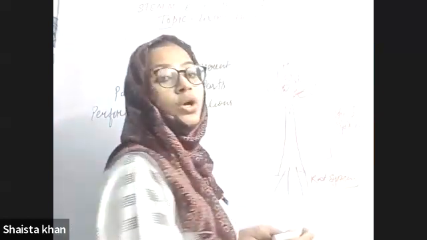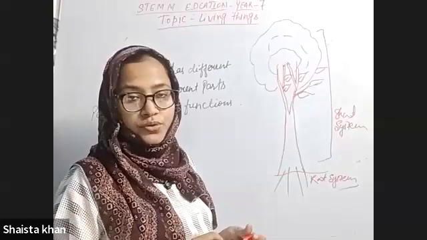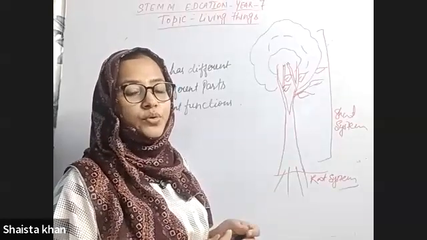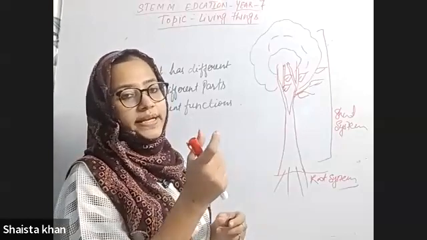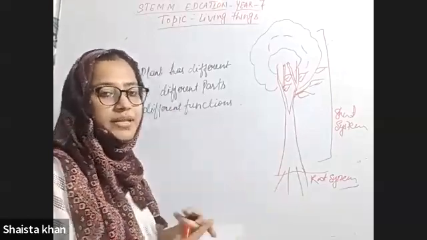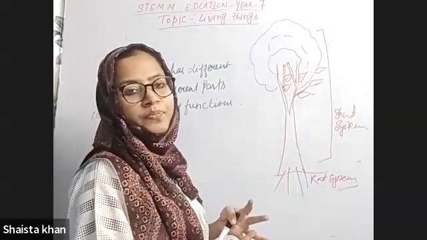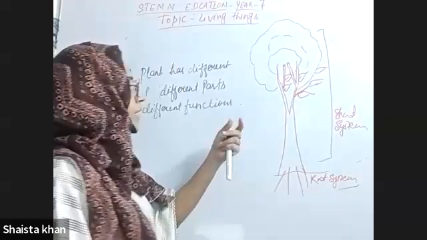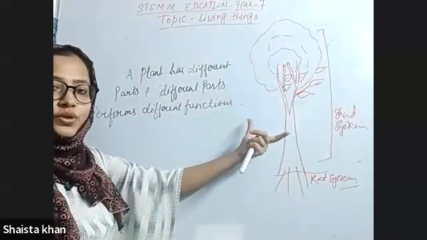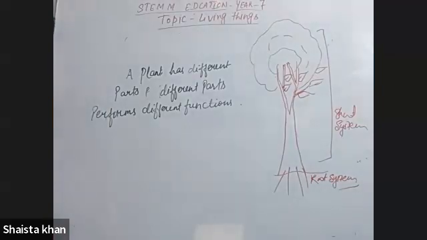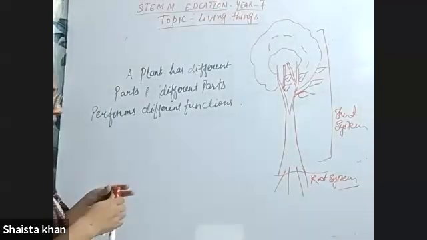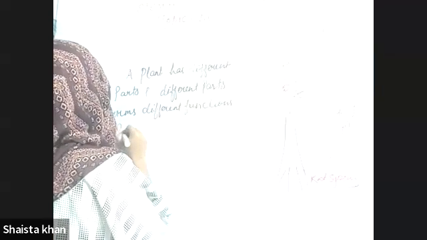I hope you all know about the types of roots: taproot, fibrous root, and lateral root connected to the taproot. So the upper part is known as the shoot system, and the lower part is known as the root system.